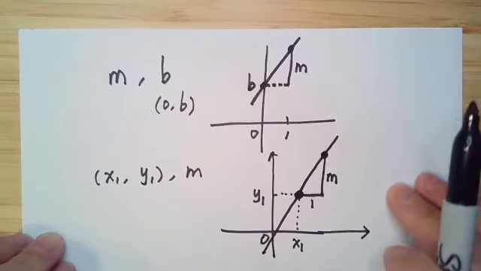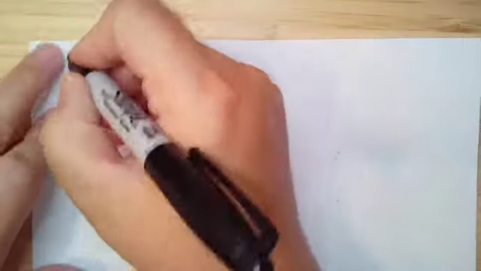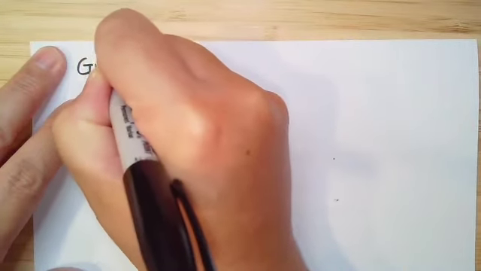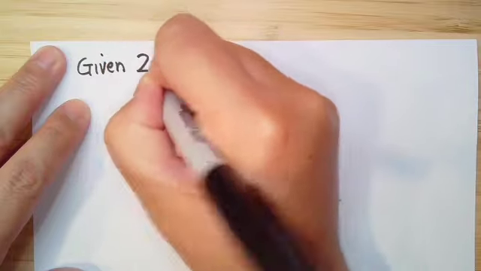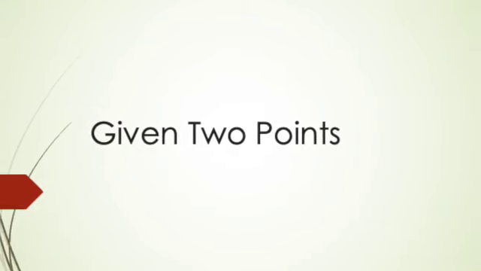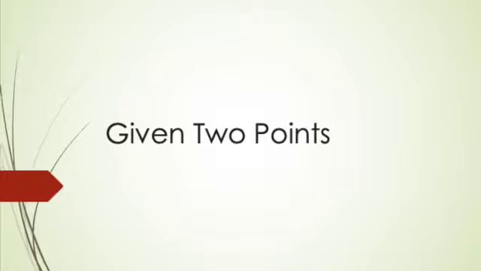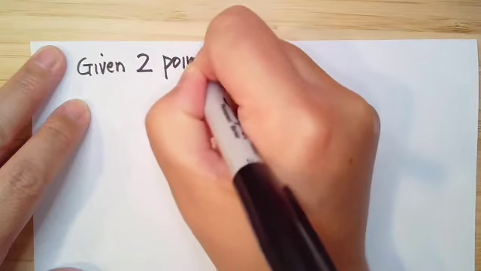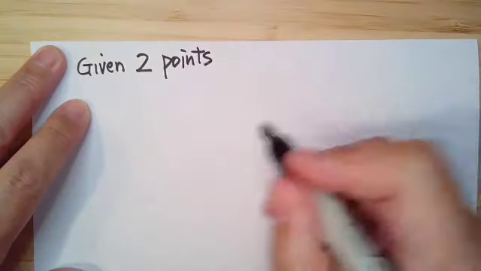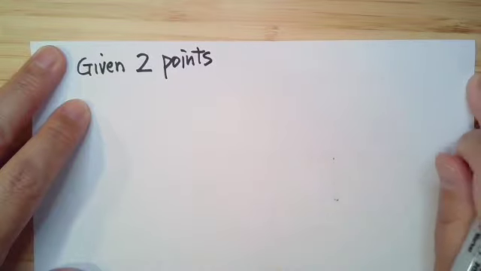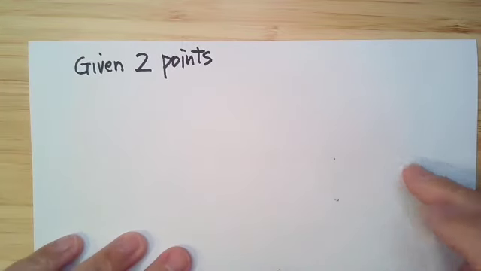All right, so we know a lot. The next one, I'm going to teach you how to write the equation if you are given 2 points. We all know this: if you have 2 points, then you can just draw a straight line, which means you can solve the equation.